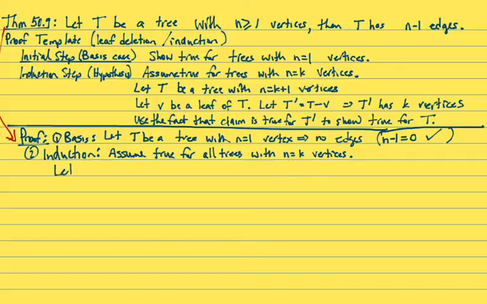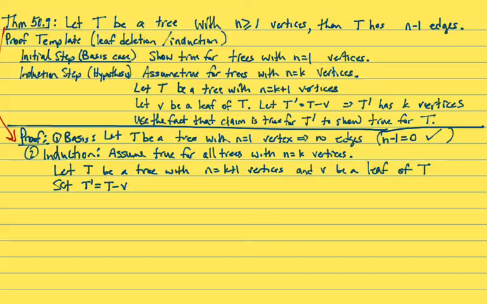Let T be a tree with n equals k plus 1 vertices, and let V be a leaf on the tree T. We set T prime equal to T minus V, which means that T prime is a tree with k vertices, so T prime has exactly k minus 1 edges according to the hypothesis.